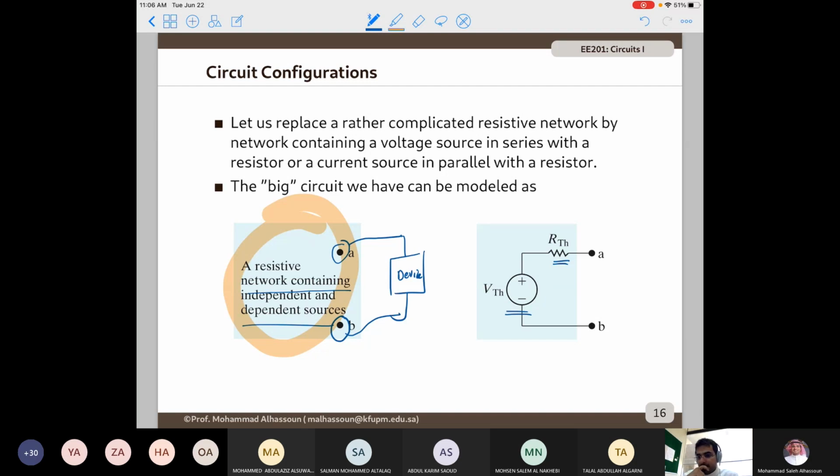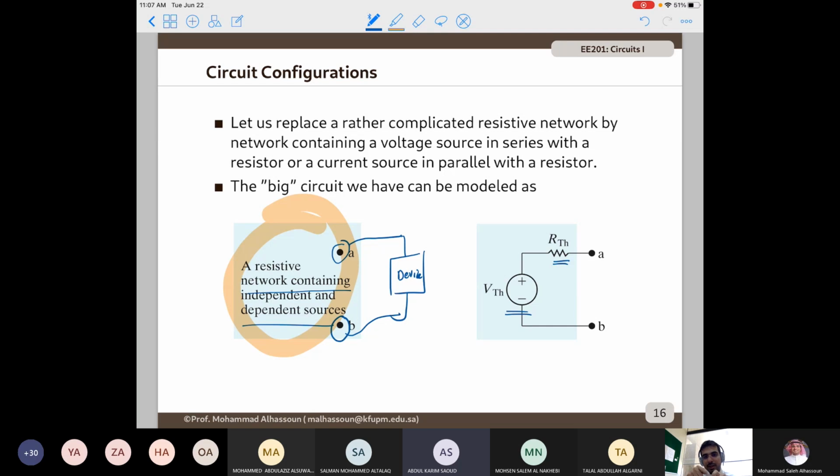Do you care about what's going on from the power plant to your home, or do you care about the voltage of the power outlet and the amount of current that it can handle? Only the power outlet.